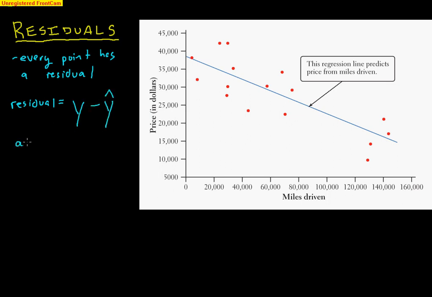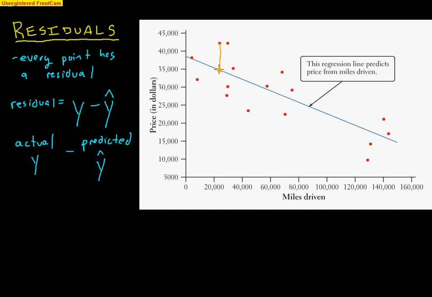It's the actual y minus the predicted y. And again, this is why the difference between y and y hat is really important. I always remember that actual goes first because actual begins with A. A is the first letter of the alphabet, so actual minus predicted. Now, notice looking at the graph here that the residual is the distance from the point to the line.